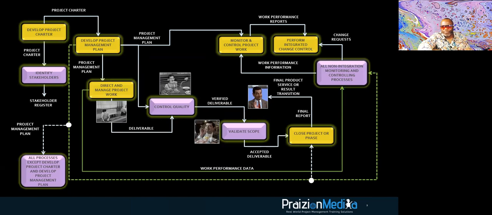You see the work performance data going in. You see that line, work performance data, it's going in to all of those non-integration monitoring and controlling processes, because this is where we analyze the data. And this is where we get the information generated. Did you see that? The WPD, work performance data, goes in, the work performance information comes out. This is just logic.